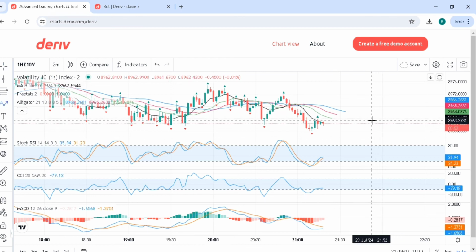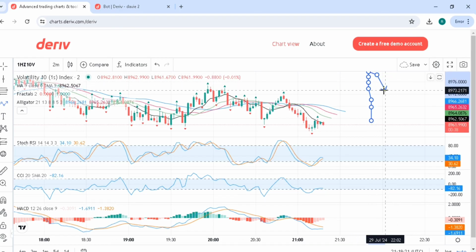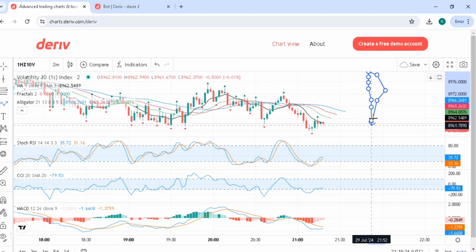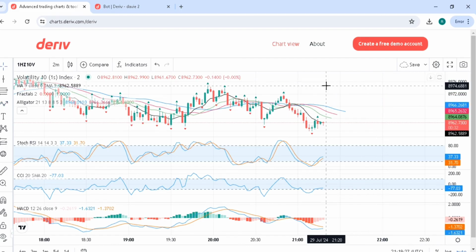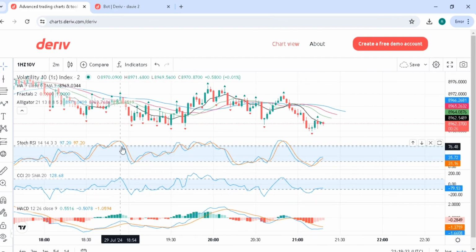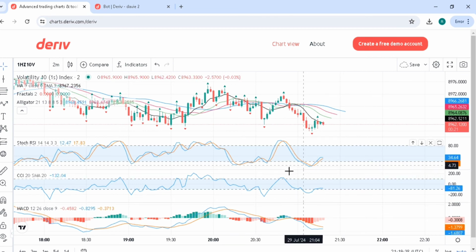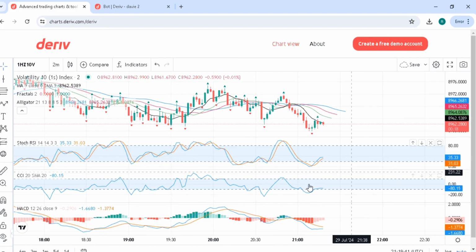Say it rises once, twice, then 4 times, 5, 6, 7 times without the retesting. Somehow it's going to retest. So you may not get maybe 12 straight wins or 12 straight losses. It's a bit difficult, but depending on the number of ticks you are using, they can also happen, but the probability is low.